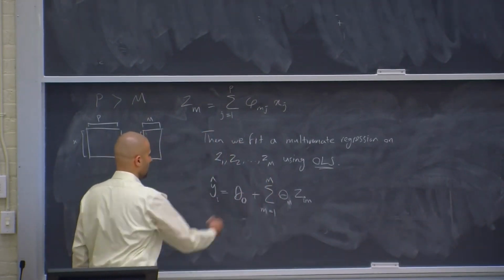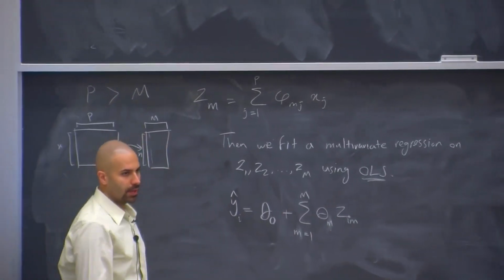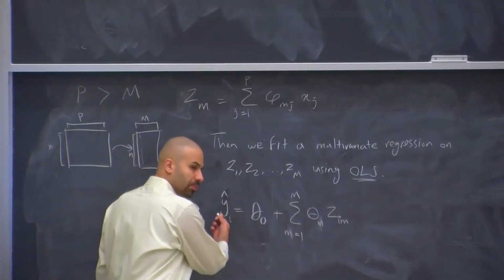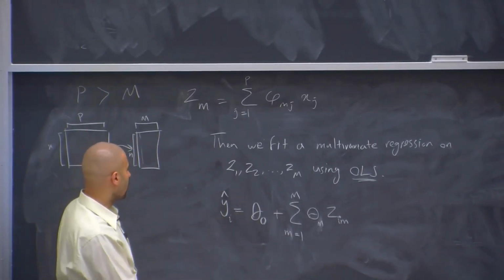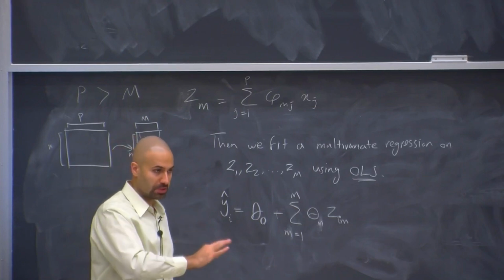So this is just what we get from ordinary least squares on these new transformations of the variables. And we can rewrite this and see that essentially our predictions are still a linear combination of the very original features, x1 all the way to xp, except that their coefficients need to take some special form.